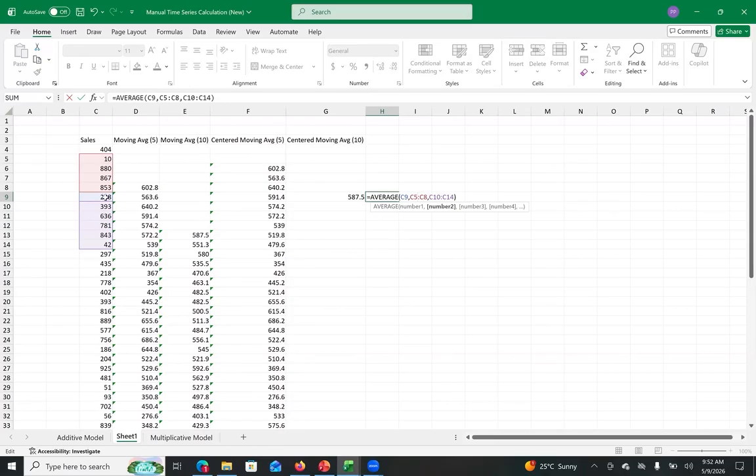Now I'm remaining with an odd number of values, and I cannot divide it equally between past and future, so it is going to be unequally divided: either four values from past and five values from future, or five values from past and four values from future. Okay. So if it would have been centered moving average of 9, then just two parameters inside the average formula. Yes. Right. Okay.